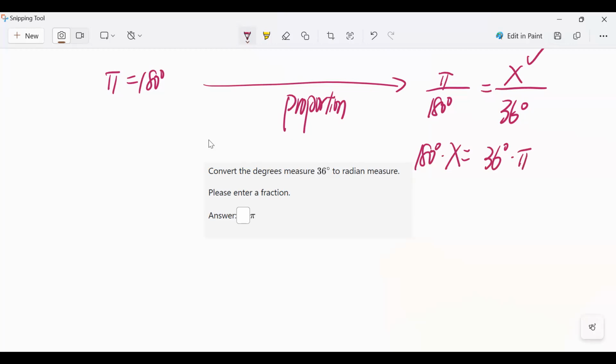If you want to omit the degree symbol here, no problem, right? That provides some convenience for us to calculate the result. So just divide both sides of the equation by 180.